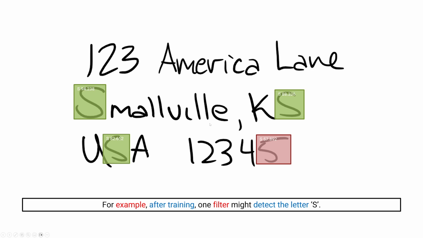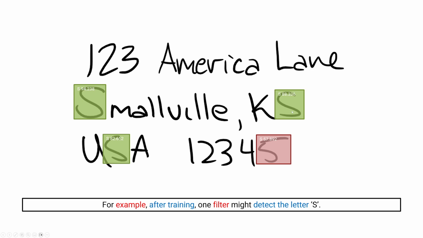Again, I made this up here, but there are actually 3 S's in here and a 5. And my 5 kind of looks like an S. So I've done the same indication of what an AI might do in this case.